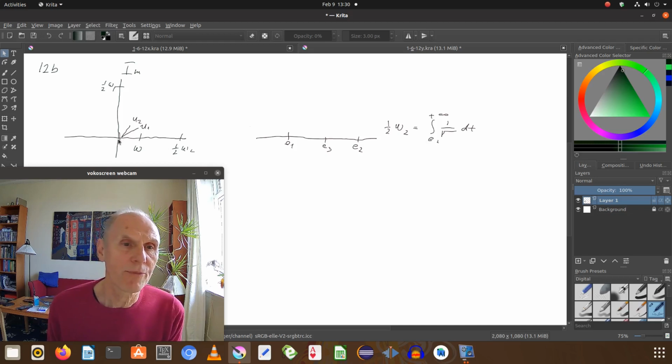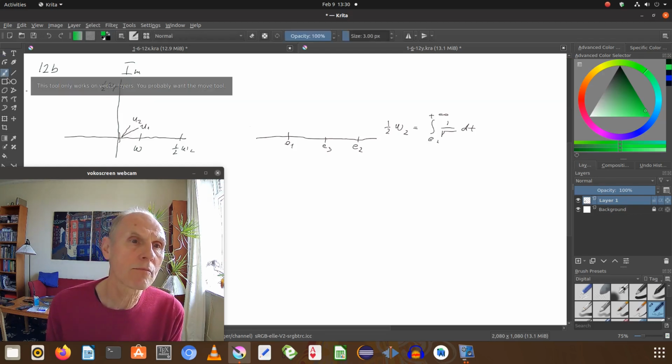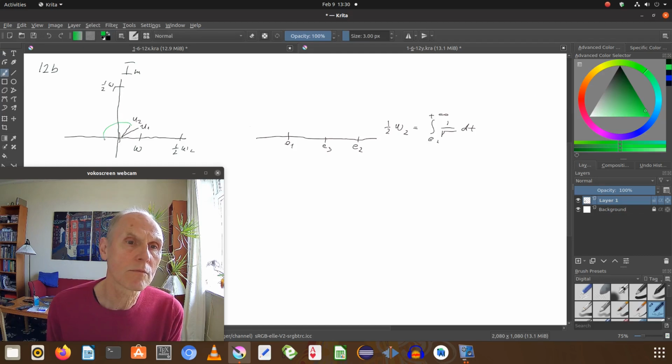So within the first radius of convergence, in this case it's the modulus of u2, we know that the values are real from the series expansion. So how can we extend that out to omega?